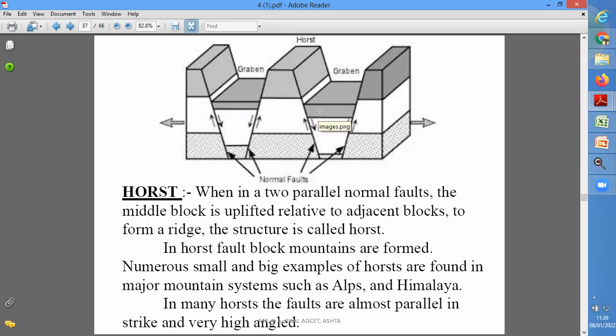But when you compare step fault and graben fault, in the step fault all these faults show a step-like appearance, but in the horst and graben type of fault, alternate blocks move upward and downward. Okay, so this is about the horst and graben type of the fault.